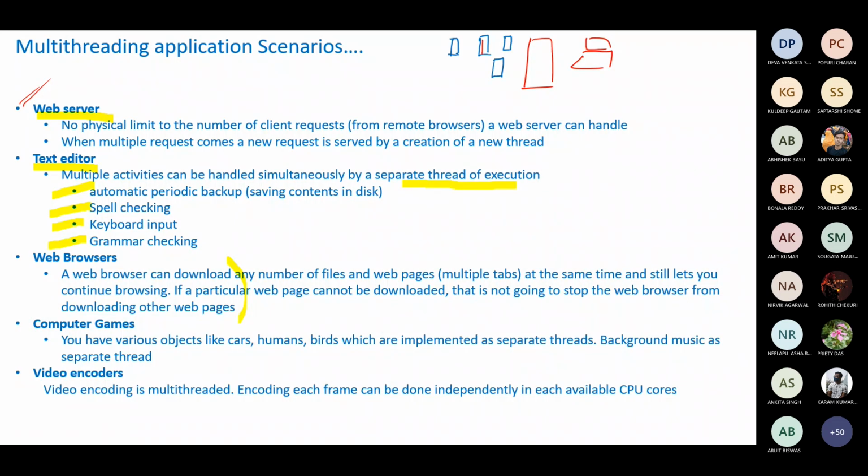Each of these web pages can have hyperlinks to other pages. So this will link to this, and this will link to this. So a web server generally hosts a set of interconnected hyperlinked web pages.